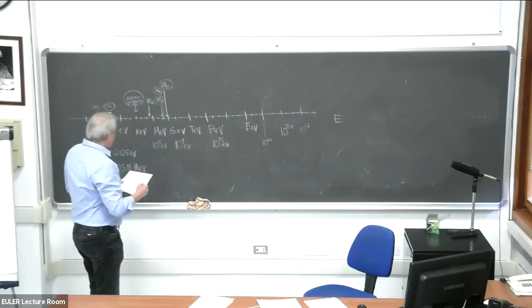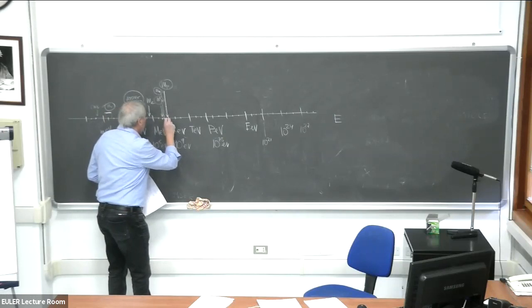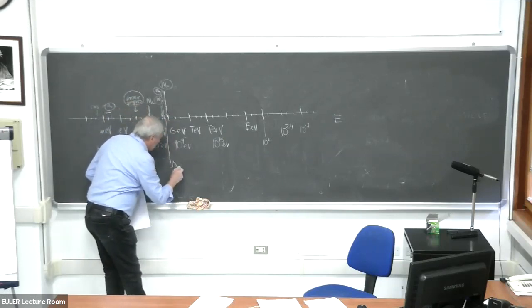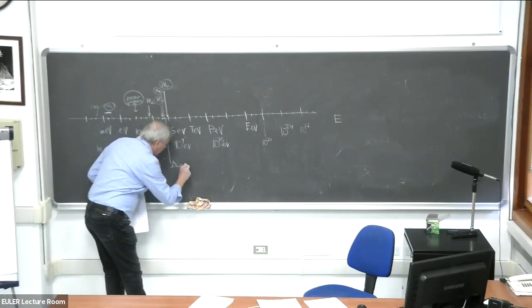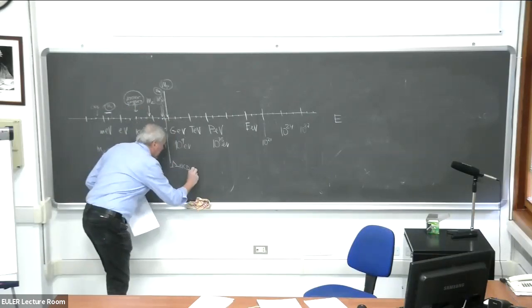There is another important scale somewhere in between here. So let me put it here. It's lambda QCD. It's around 300 MeVs.